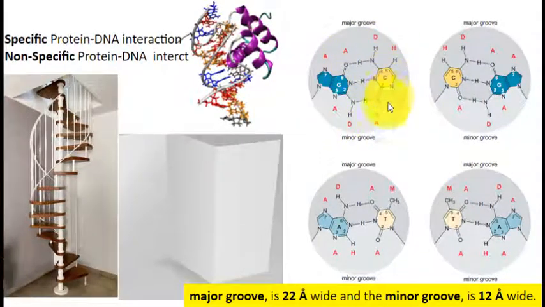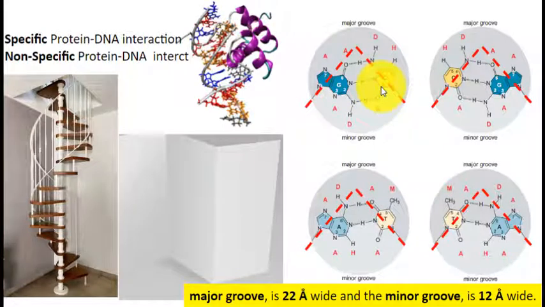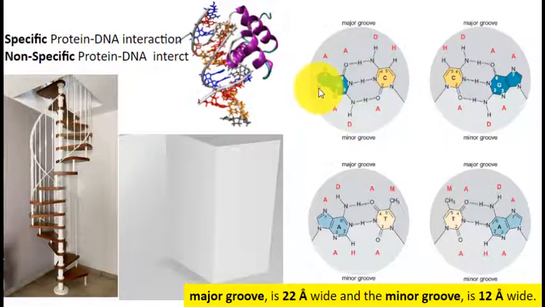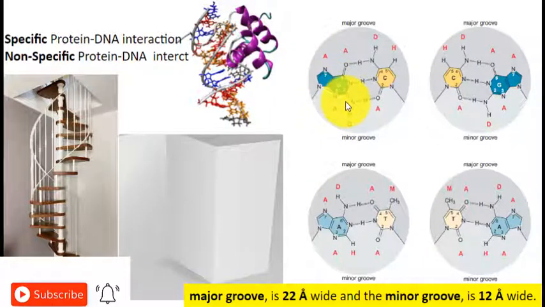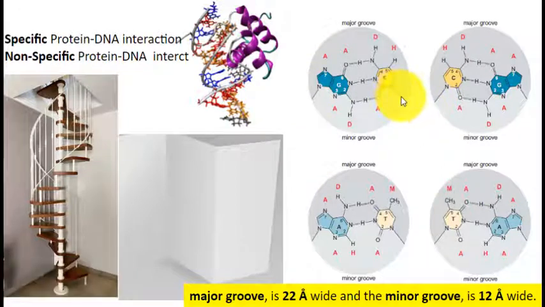The bases are bound with the sugar by an N-glycosidic bond here and an N-glycosidic bond here. It is very important to note this N-glycosidic bond to understand major and minor groove.